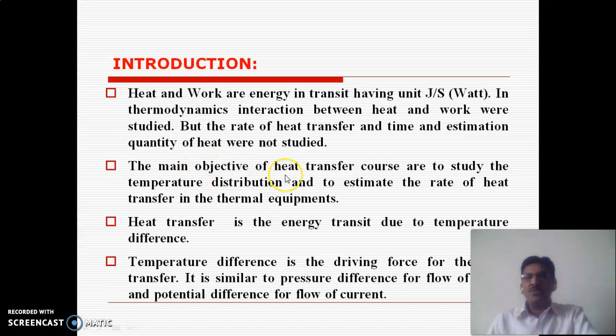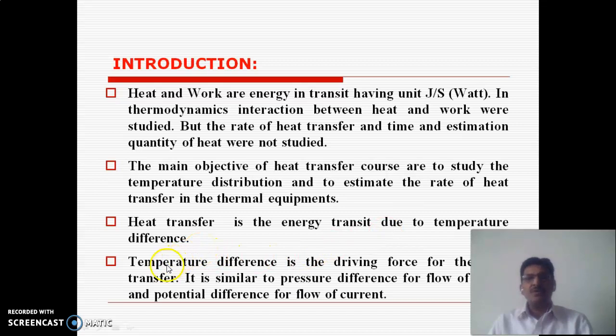The main objectives of the heat transfer course are to study the temperature distribution and to estimate the rate of heat transfer in thermal equipment. You can define heat transfer as the energy transit due to temperature difference.